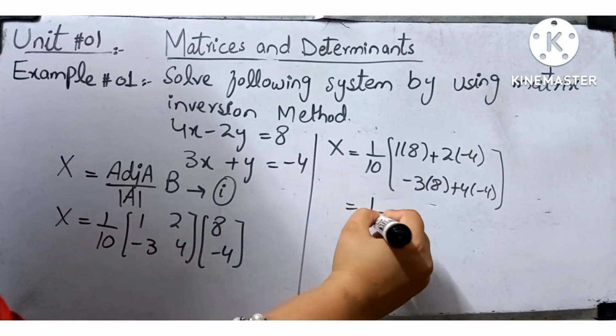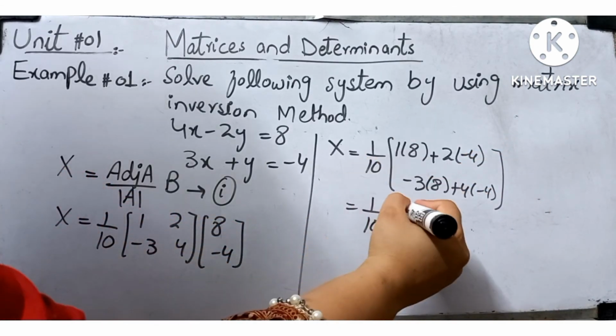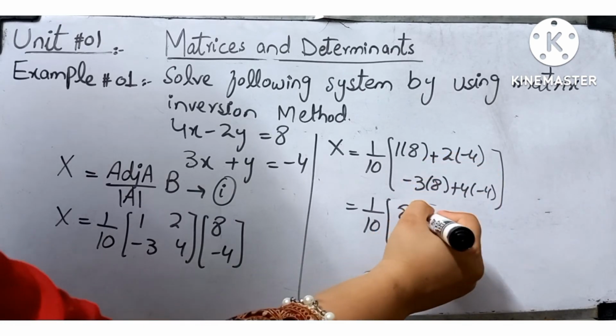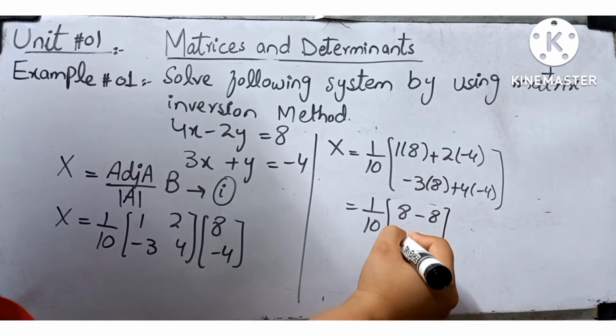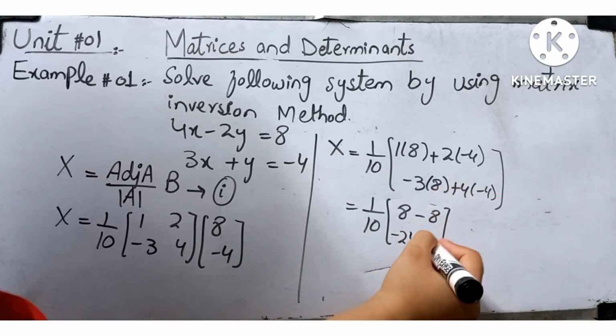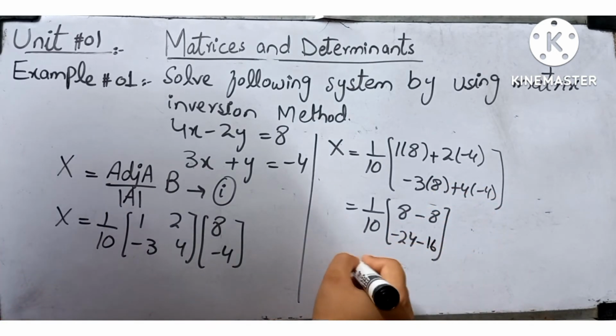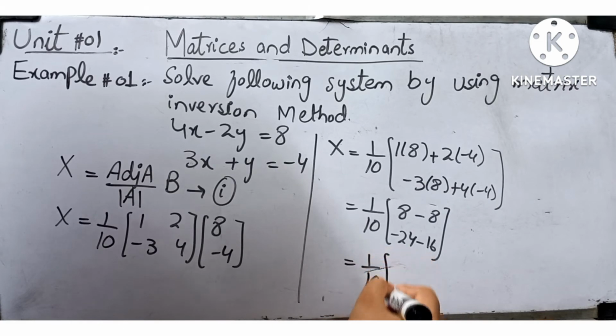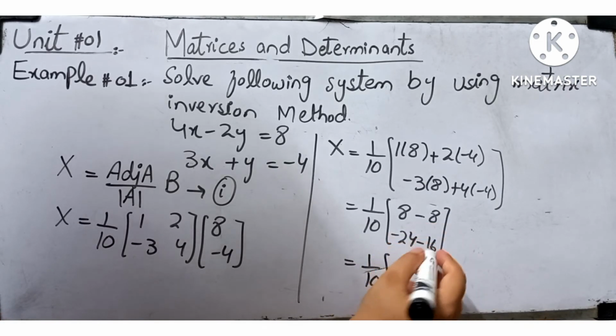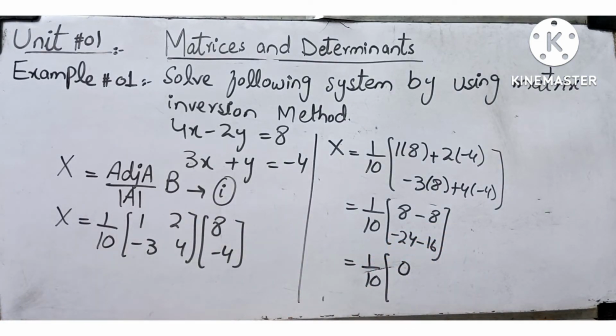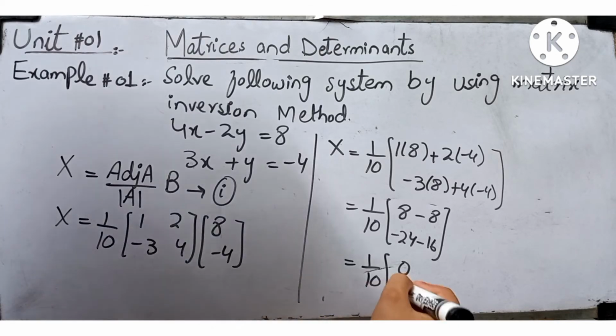It is 1 divided by 10. 8 1s are 8, plus minus minus, 4 2s are 8, and 8 3s are 24, minus 24 plus minus minus, 4 4s are 16. 1 divided by 10, 8 minus 8 is 0, minus 24 and minus 16. Answer is minus 40.